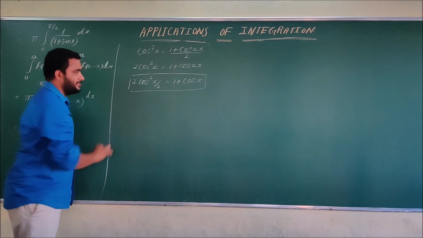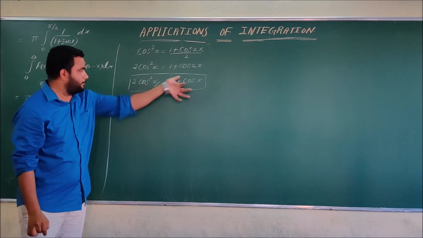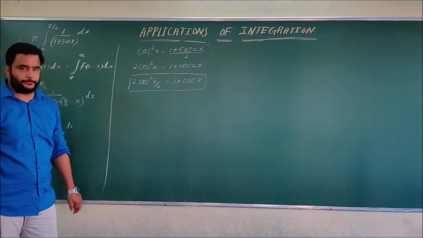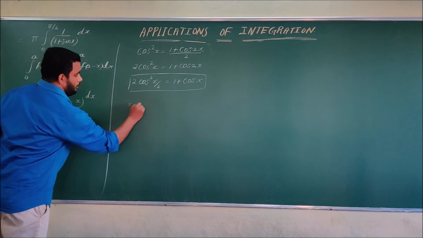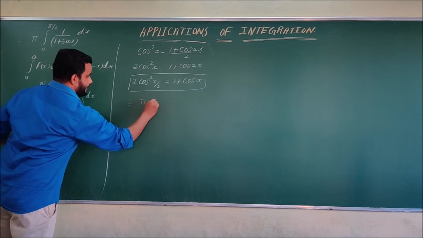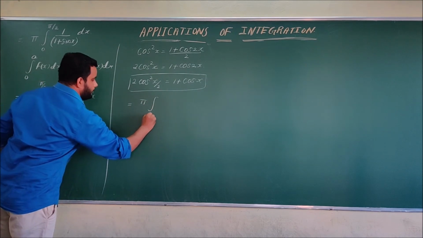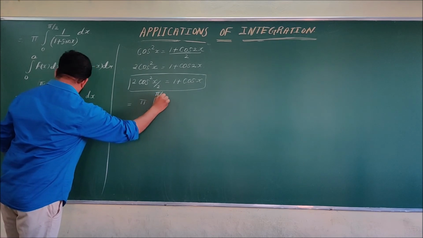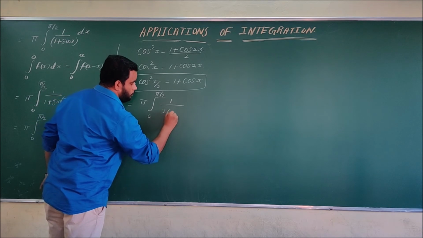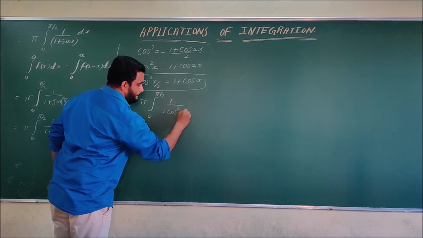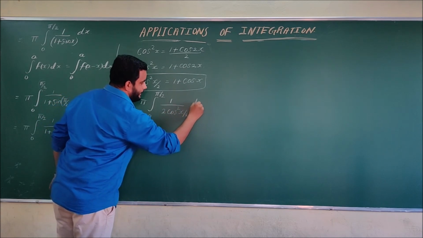So we can substitute 1 plus cos x by 2 cos square x by 2. In our question, pi times the integral of 0 to pi by 2, 1 by 2 cos square x by 2, into dx.